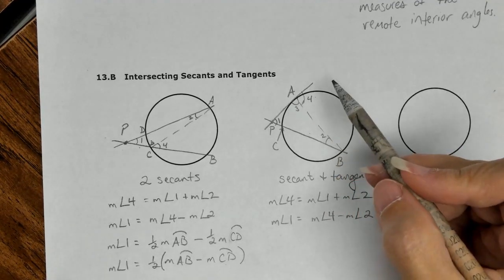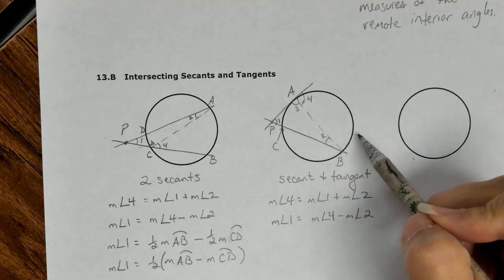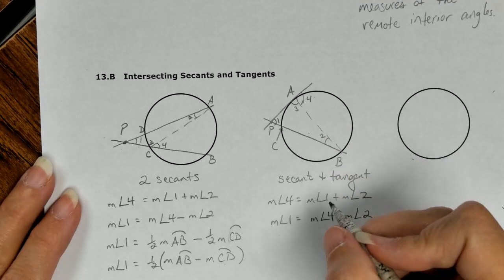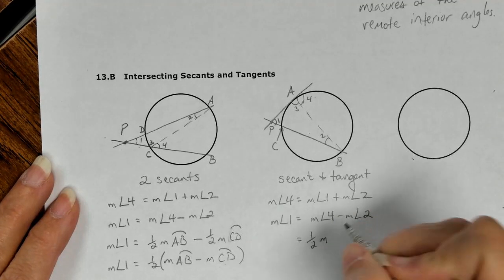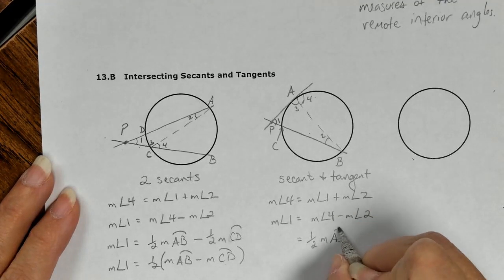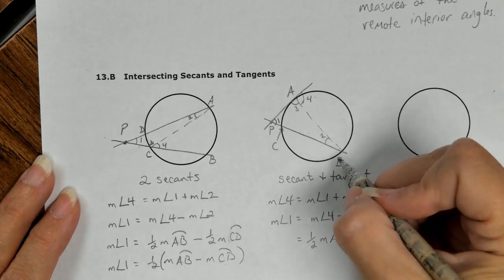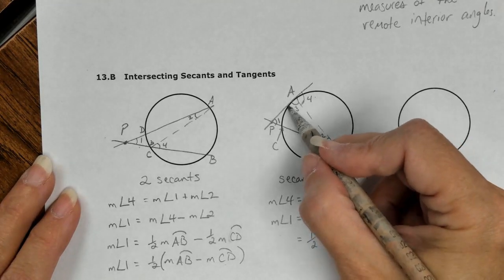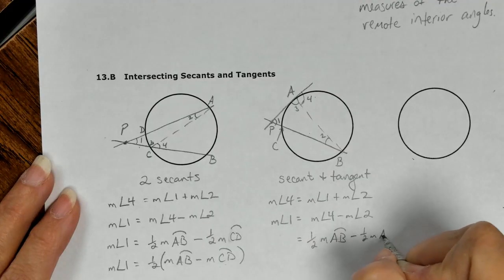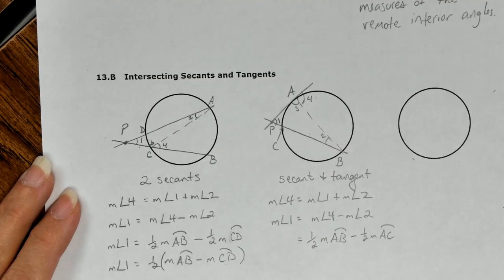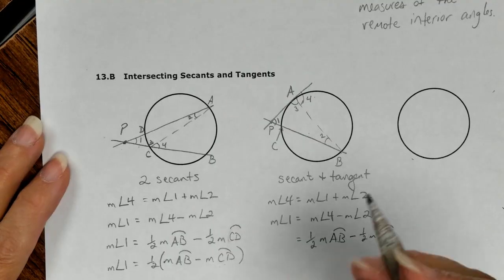It's half of the intercepted arc, and the intercepted arc would be AB. So half the measure of AB, and angle 2, well, that'd be half of AC. Okay, and again, you can factor a half out of that.